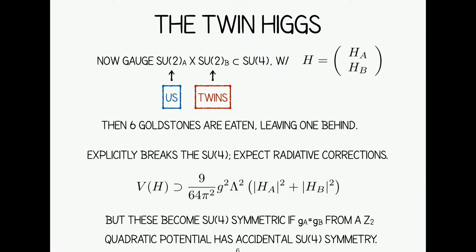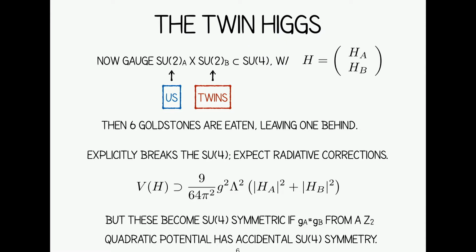But now, if both the SU2A and SU2B have the same gauge coupling, then all of the quadratic divergences, in other words, all of the UV sensitivity from unspecified new physics, as long as it respects this A and B exchange symmetry, it will contribute in the same way. And in particular, that will give us mass terms that don't multiply separately HA and HB, but they multiply the linear combination mod HA squared plus mod HB squared.